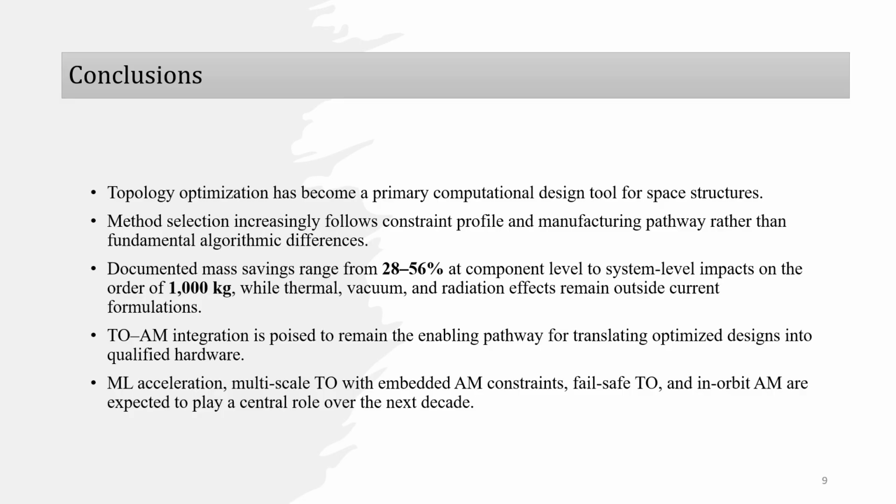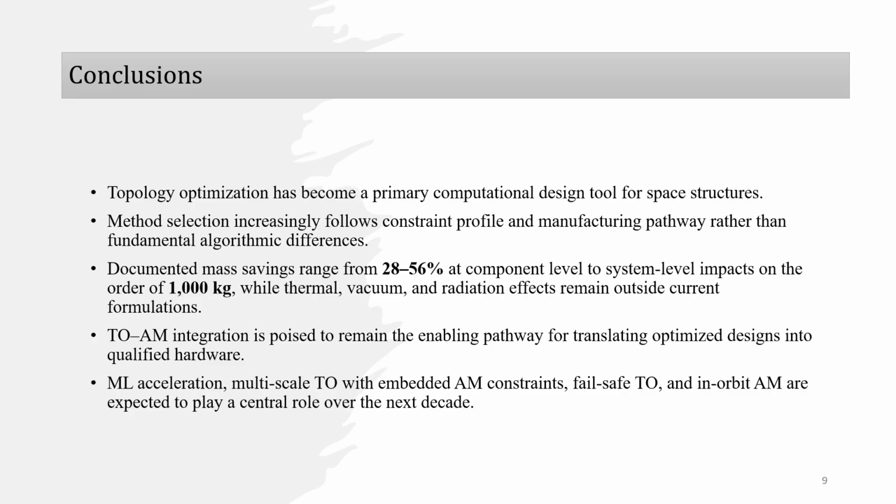At the same time, method selection should be guided by the full engineering context, that is, the loads, constraints, qualification requirements, and manufacturing pathway. Documented mass savings are significant, ranging from component level reductions to large system level impacts. However, important gaps remain, especially regarding thermal, vacuum, radiation, and qualification effects.